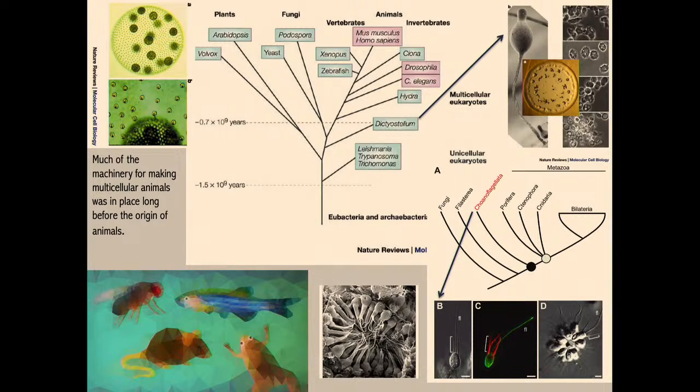And here at the bottom is the choanoflagellate, which is effectively a single cell organism, but that can form multicellular organizations that look like rosettes, right? And I'll come back to rosettes tomorrow.